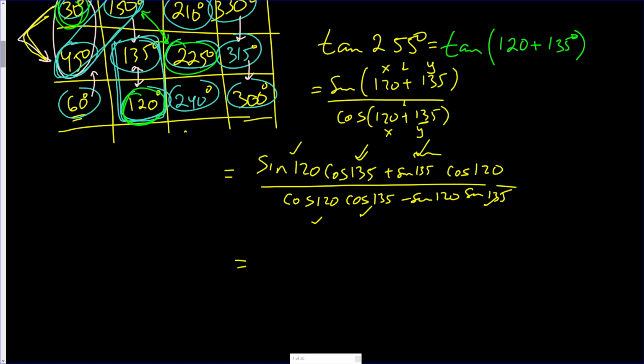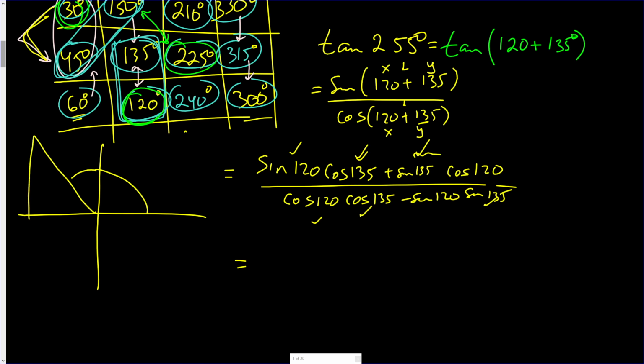So let's see what's going on. 120 is 90 and 30 more. This reference angle is going to be 60. Let's see, this is 1, 2, square root of 3. Since this is to the left, it's minus. And since the square root of 3 is going up, it's positive.